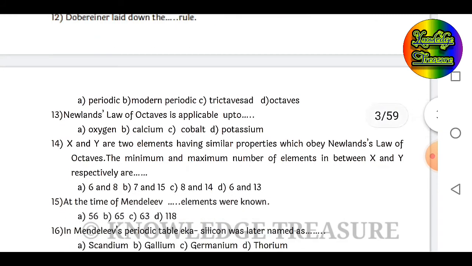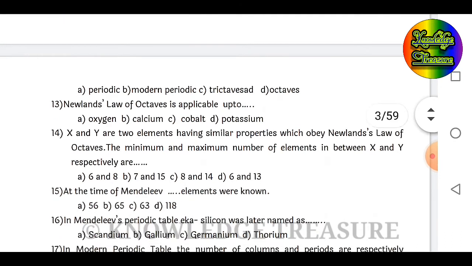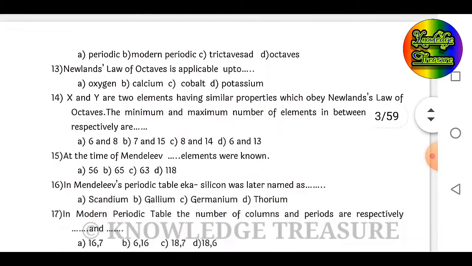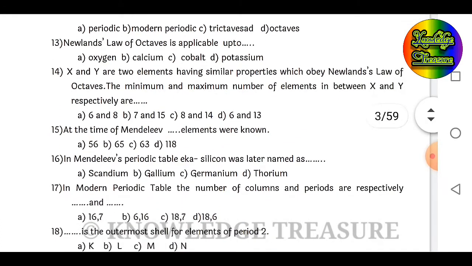13. Newlands' law of octaves is applicable up to dash. A. Oxygen. B. Calcium. C. Cobalt. D. Potassium. The correct answer is B. Calcium. 14.